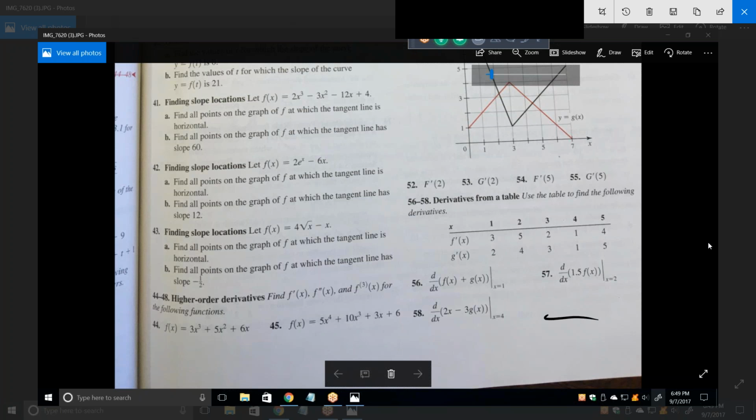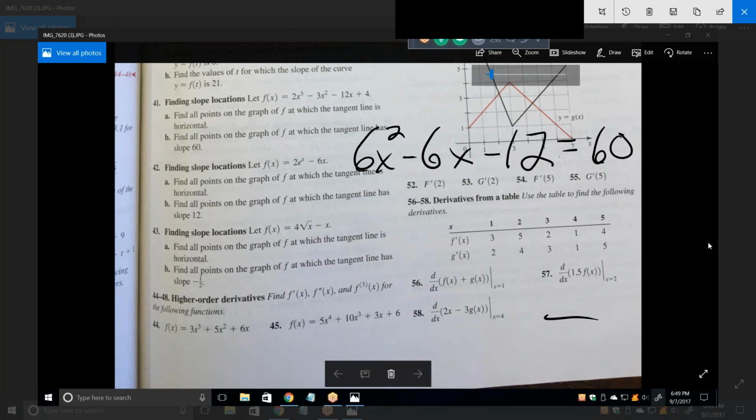Okay. Well, the derivative was again 6x squared minus 6x minus 12. And remember, that's a first derivative, so that's a slope. So if you're solving for where the slope is 60, make it equal to 60 instead of 0.